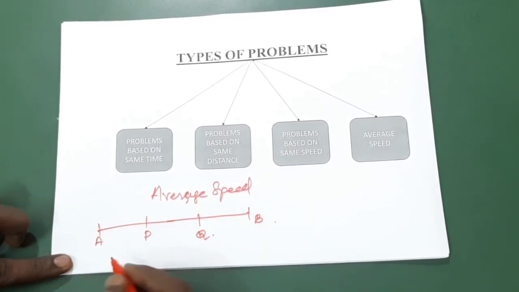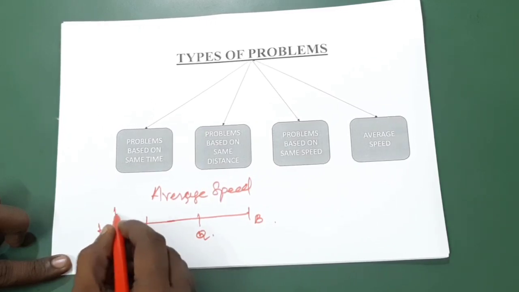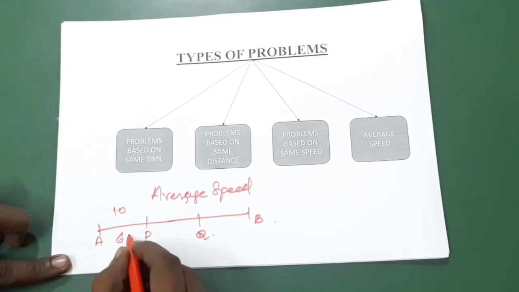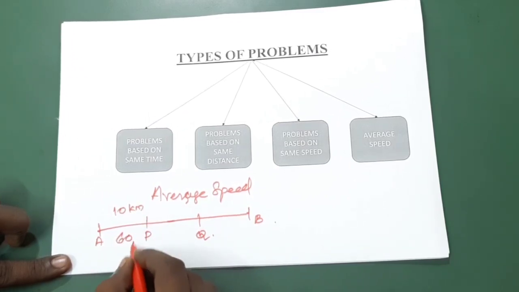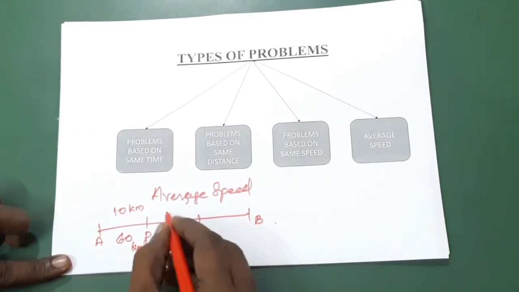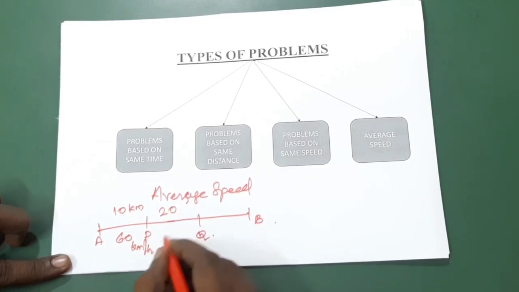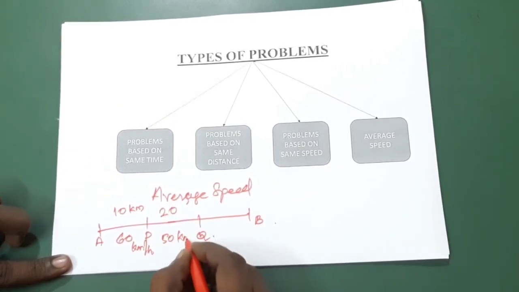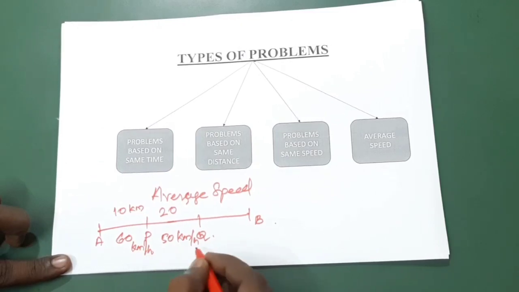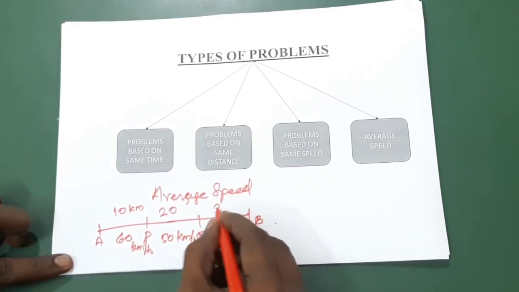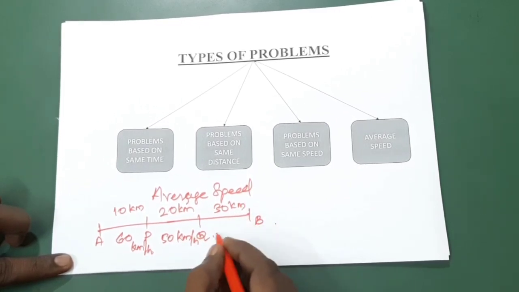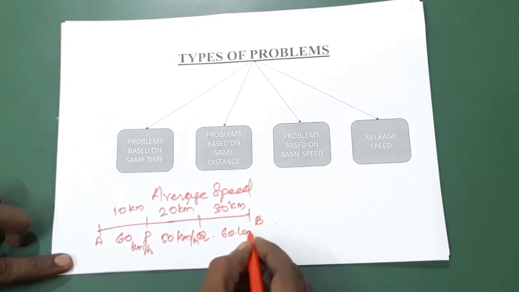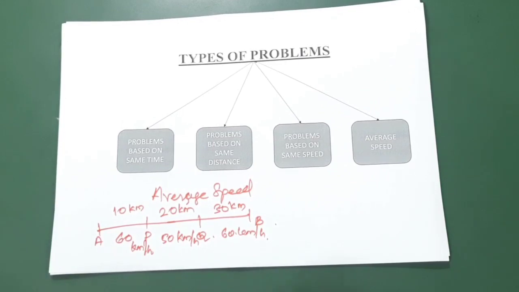For example, 10 kilometers is covered at 60 kilometer per hour, another 20 kilometers at a speed of 50 kilometer per hour, and another 30 kilometers at 60 kilometer per hour. One has to find the average speed.